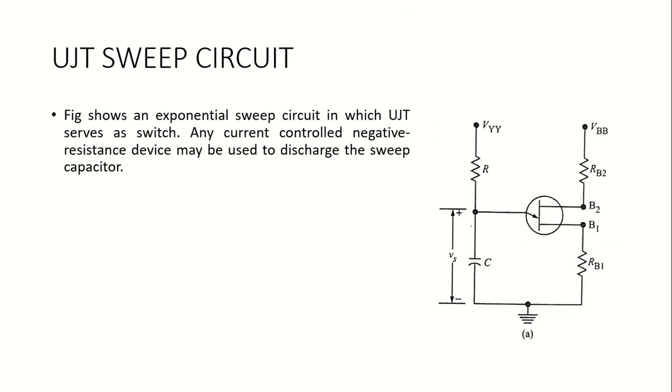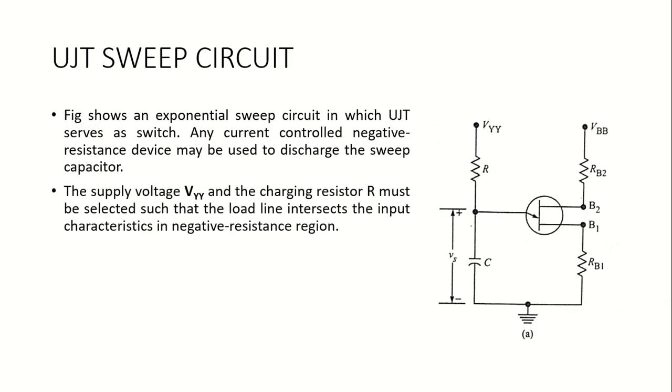The figure shows an exponential sweep circuit in which the UJT serves as a switch. Previously we had a switch across this capacitor; now we are taking the UJT itself as the switch here.